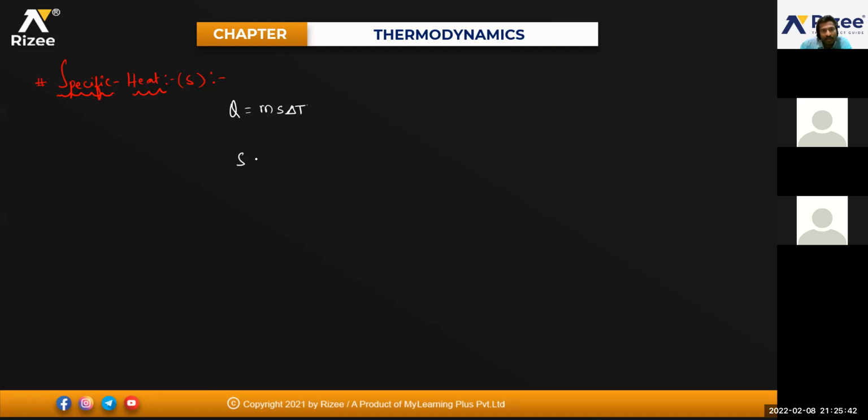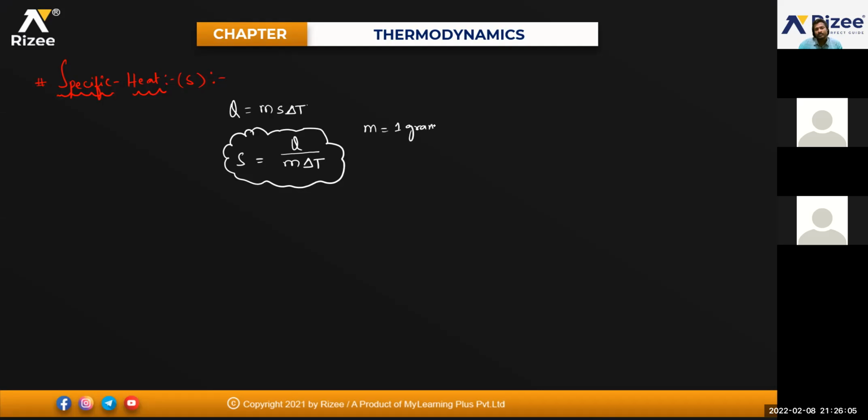Or else I can write specific heat S will be equal to Q divided by m into delta T, the temperature difference. So for 1 gram, S will be equal to Q divided by m, where m is equal to 1 gram.